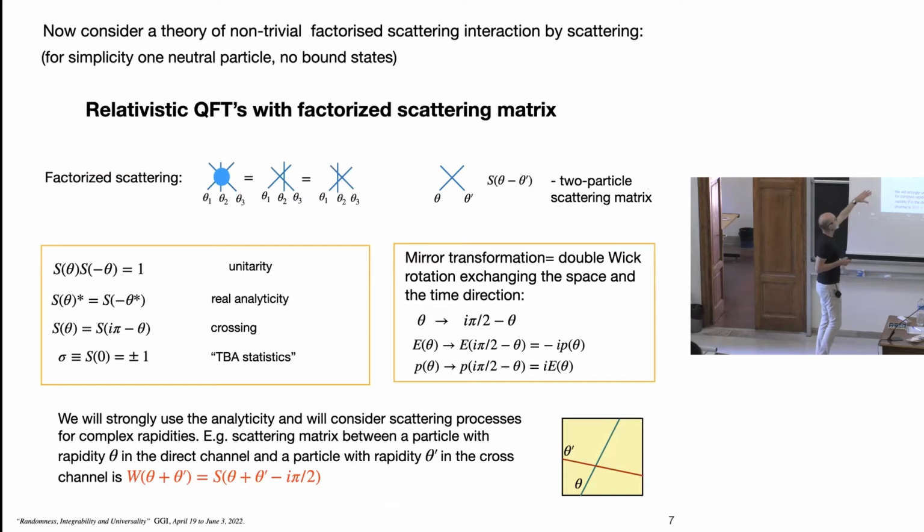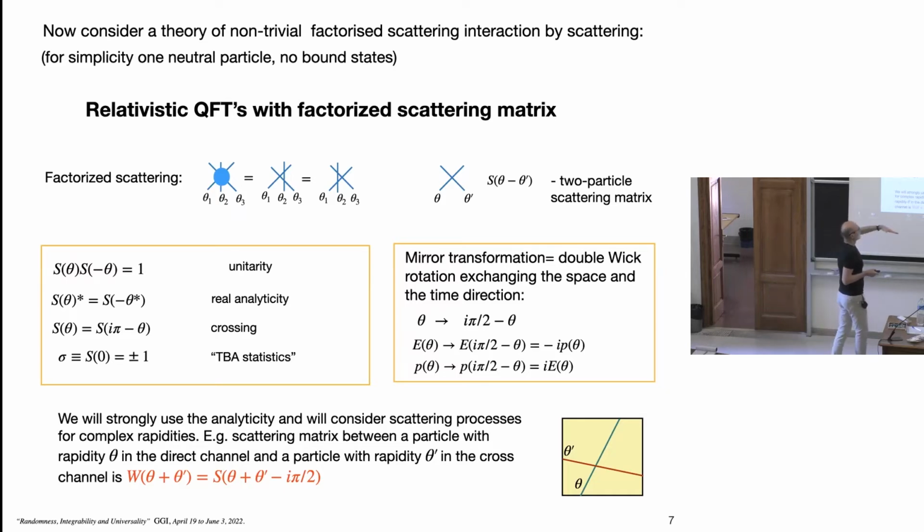It satisfies these 4 restrictions: unitarity, real analyticity, crossing, and also you have to choose the value for 0 rapidity. So for 0 distance of the rapidity, by unitarity, it's either 1 or -1. So both cases are possible, and this sign is usually called the TBA statistics.